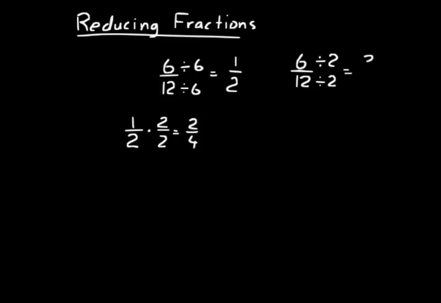That would give us 3 over 6. But that's not the most reduced form of 6/12. When you reduce a fraction, you want to reduce it to what's called its lowest terms, the lowest value that you can possibly get for the numerator and denominator. And the way you get the fraction in its lowest terms is you divide above and below by the greatest common factor, GCF.